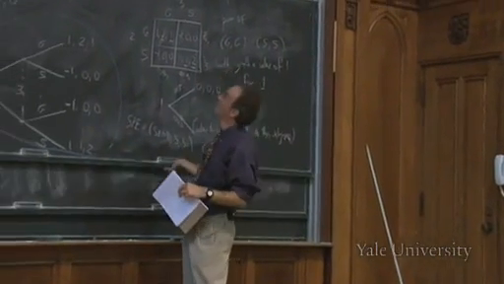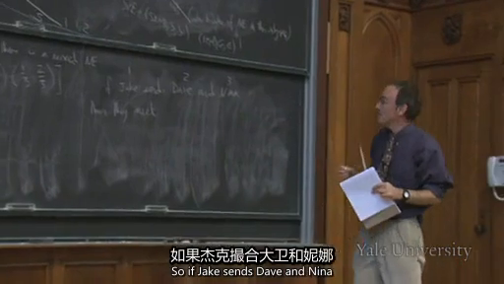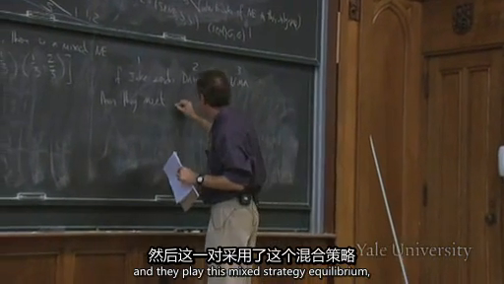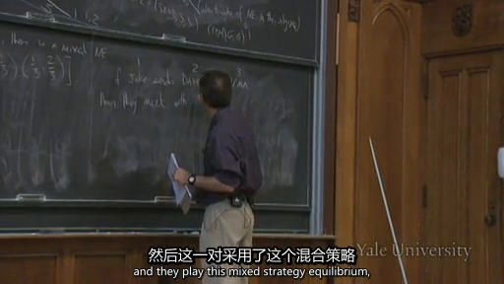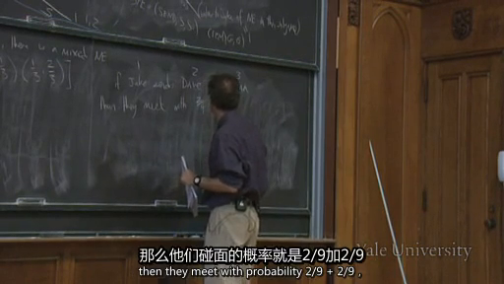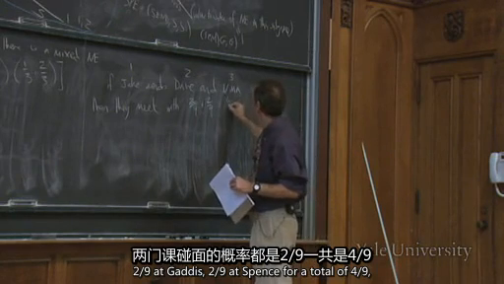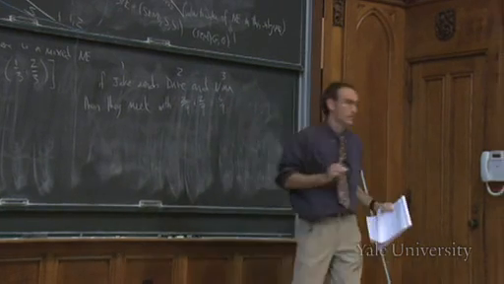All right, so if Jake sends Dave and Nina and they play this mixed strategy equilibrium, then they meet with probability 2/9 at Gaddis, 2/9 at Spence, for a total of 4/9.